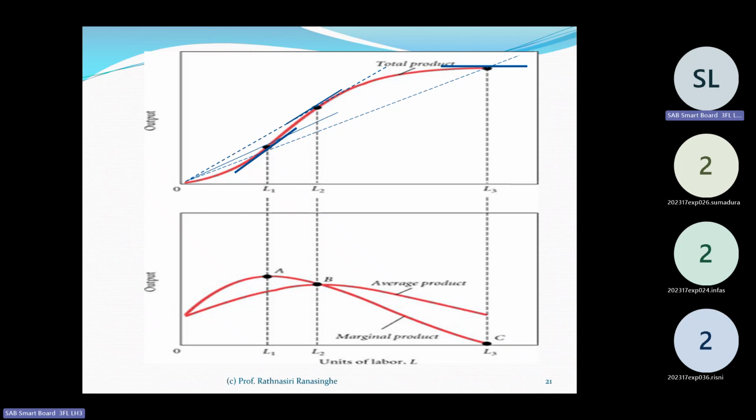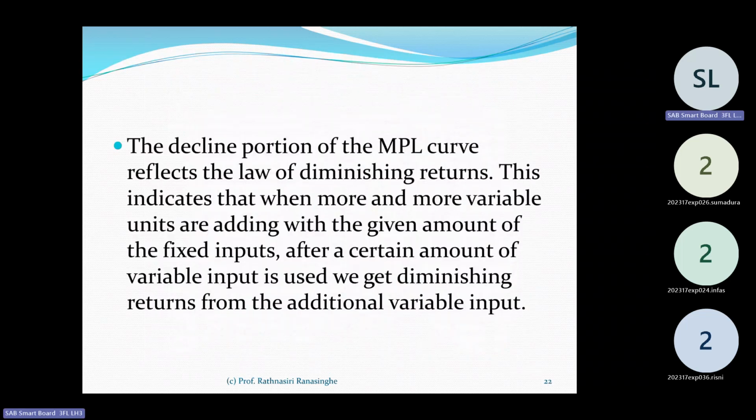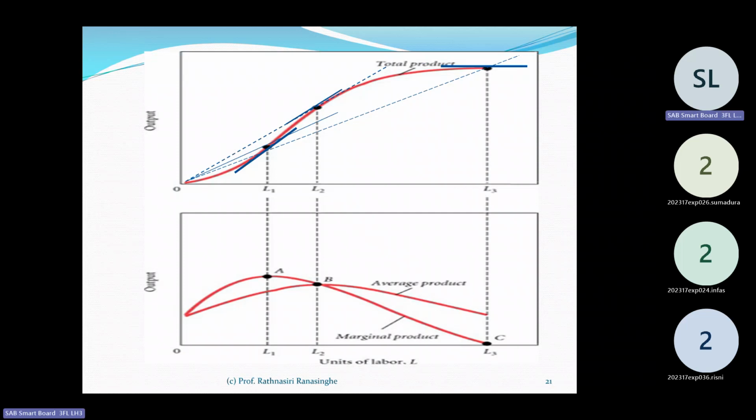To explain the average productivity of the variable factor, we can derive it by drawing lines from the origin to this curve and getting the slope of those lines. The initial slope is increasing, so average productivity increases.